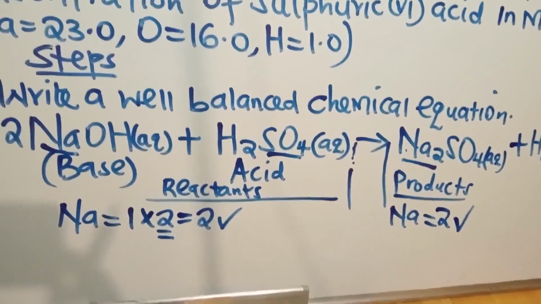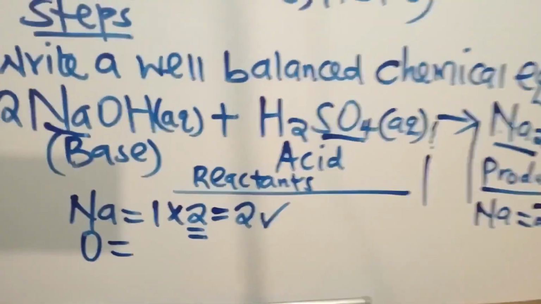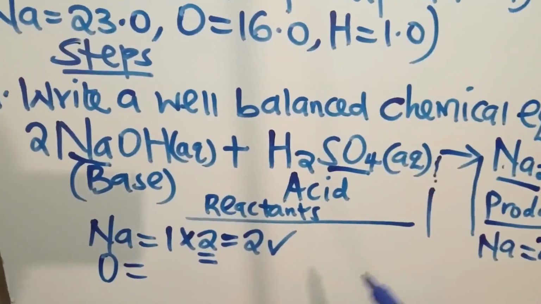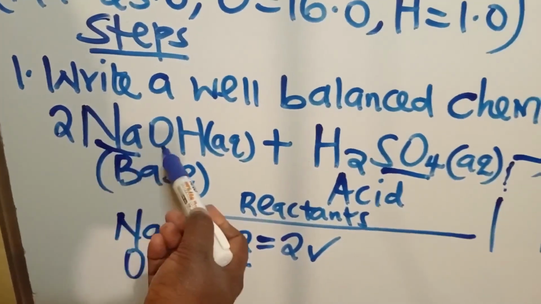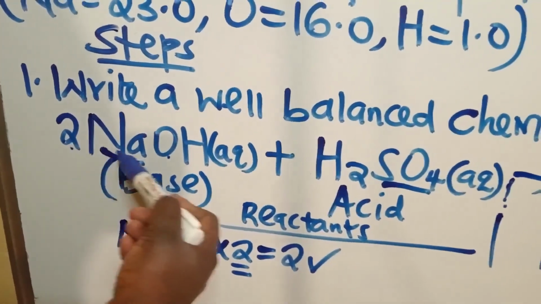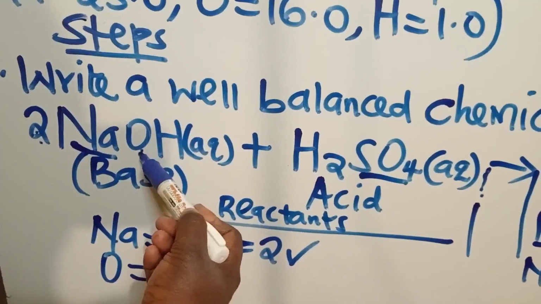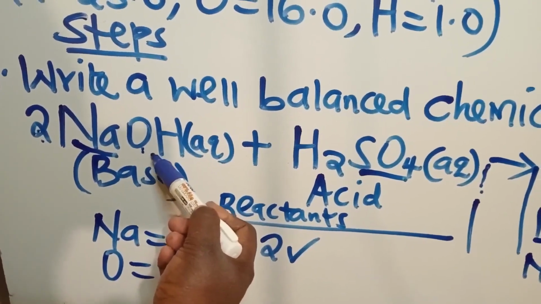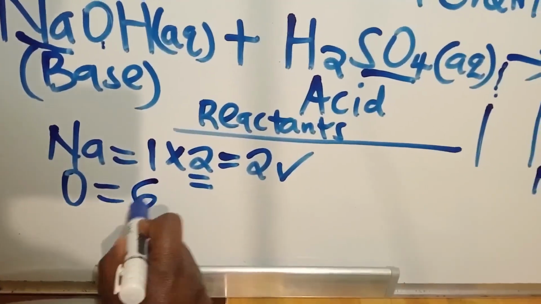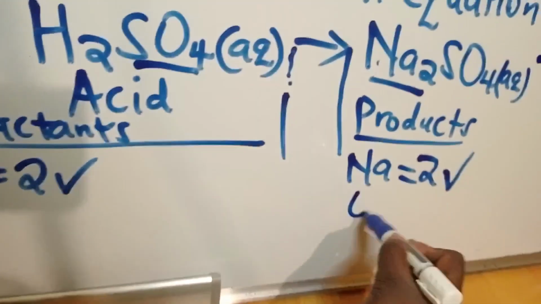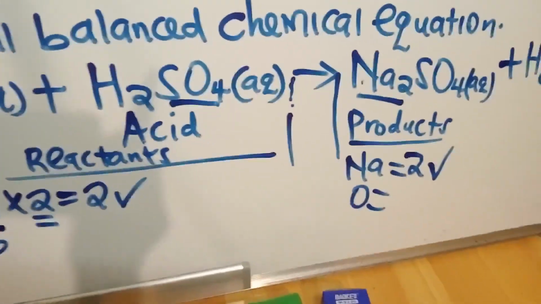From there we go to oxygen. We write oxygen. We again check how many oxygens are on the reactant side. Here we have 2. You see these 2 here, it's for all the elements. So oxygens are 2 here, because here we do not have any number. Then plus these 4, so oxygens are 6. On the product side, we also check to see how many oxygens there are.